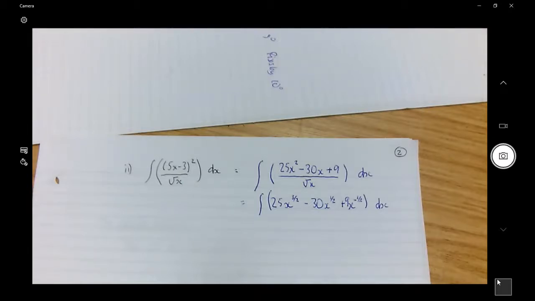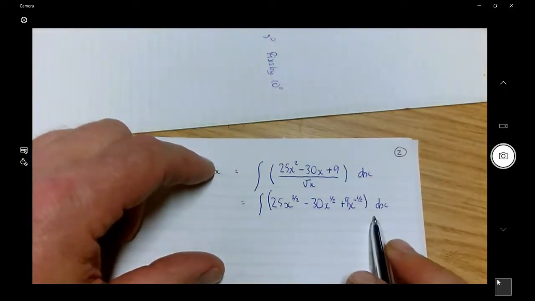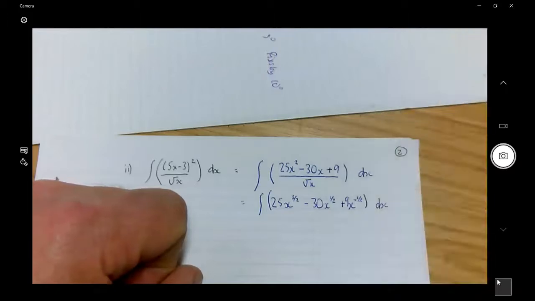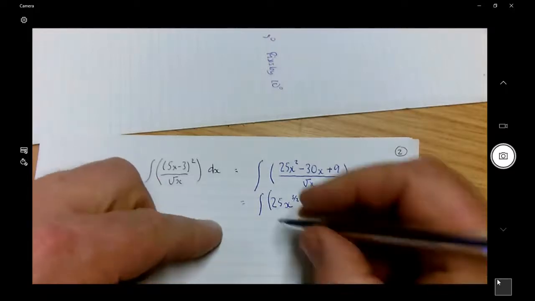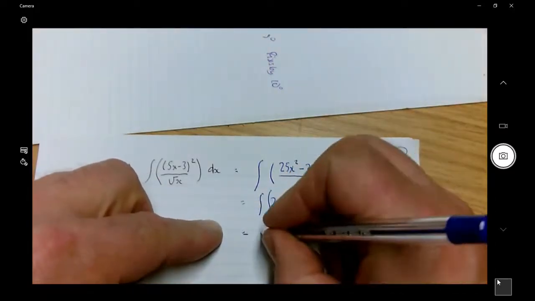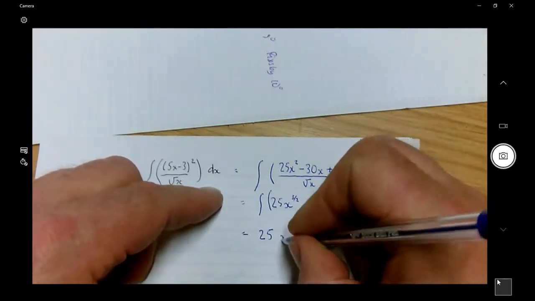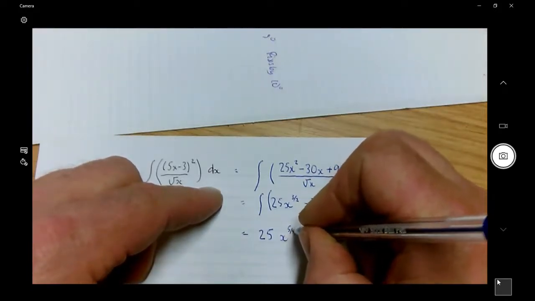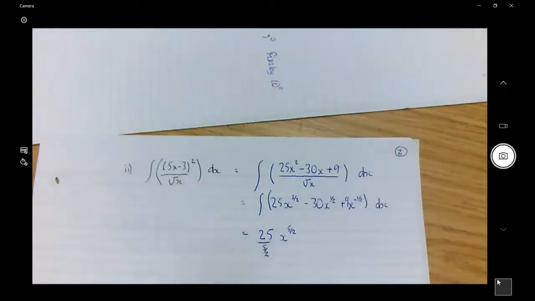Yes. So now we're at a stage where we can integrate. It's awkward because you've got fractions in there. Just don't panic. For goodness sake, don't panic. So that is 25. Increase the power by 1. So it's x to the power of 5 over 2 divided by 5 over 2.